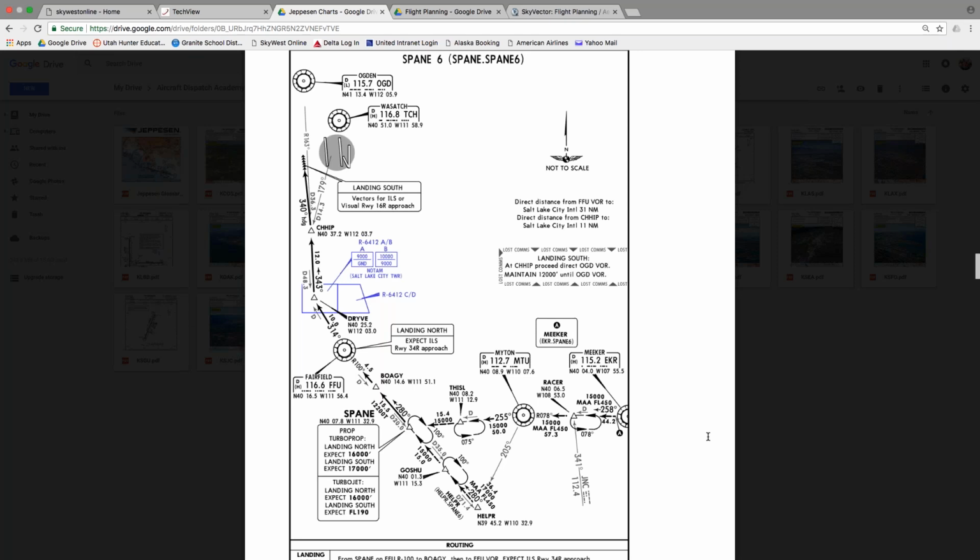That being said, let's hurry and figure out our top of descent super fast. Okay. Somebody read off my distances here. So from Meeker to Racer, 44.2.